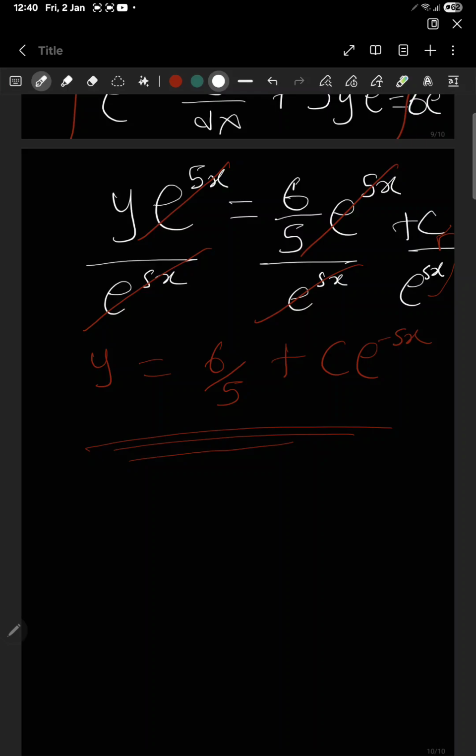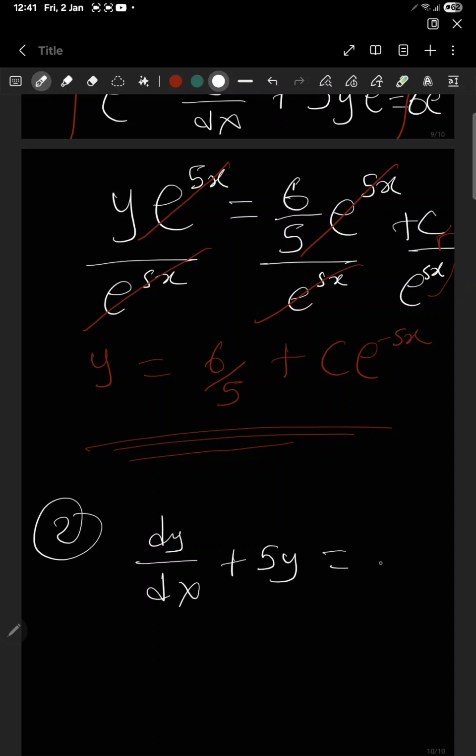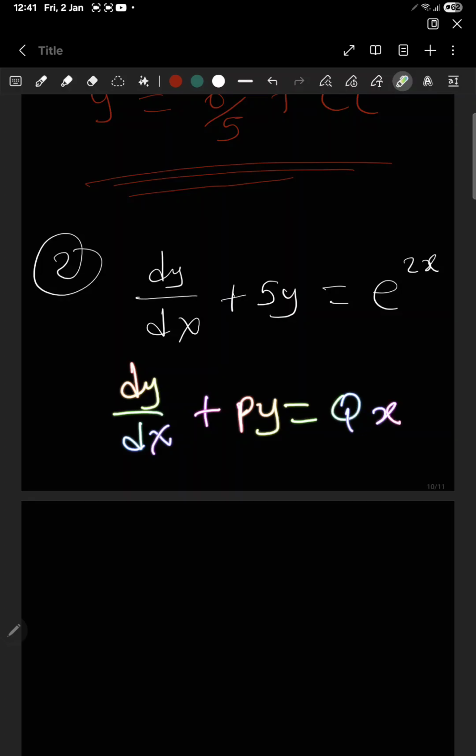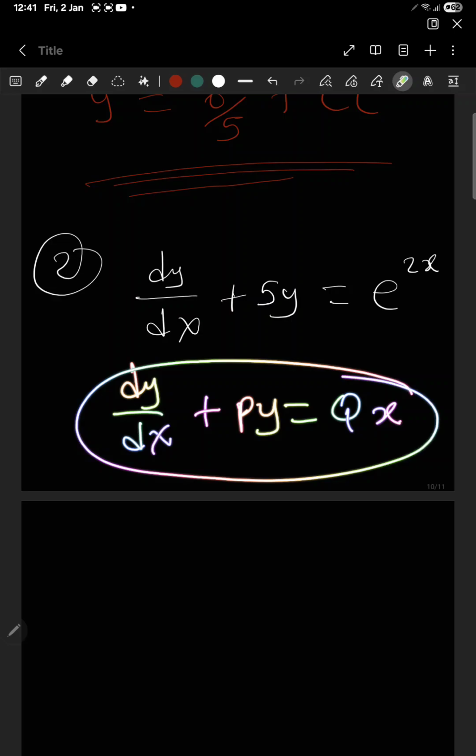Let's say we are given number 2, where we are given dy over dx plus 5y is equal to e to the power 2x. So in this case also, this question is given in the form dy over dx plus P of x times y is equal to Q of x, meaning that this is a linear differential equation.